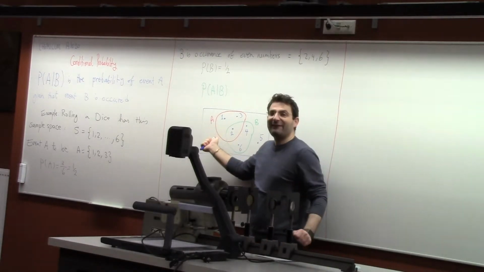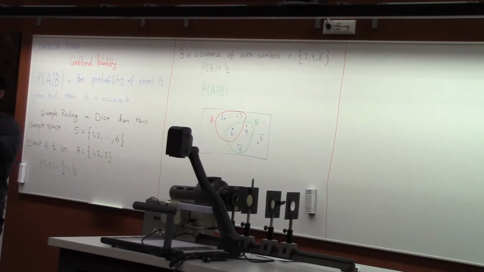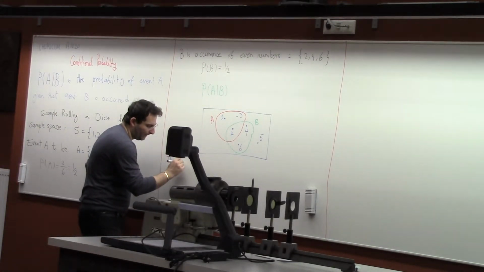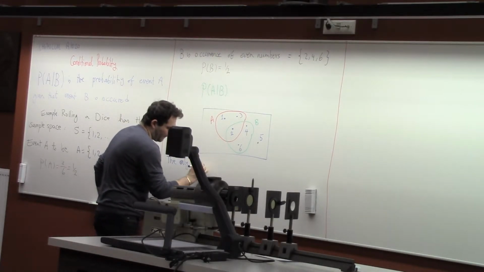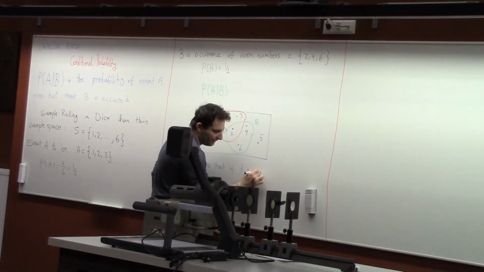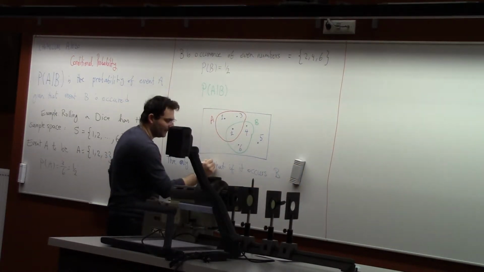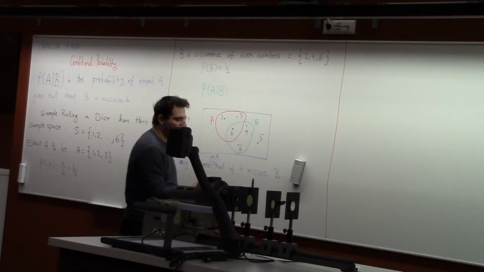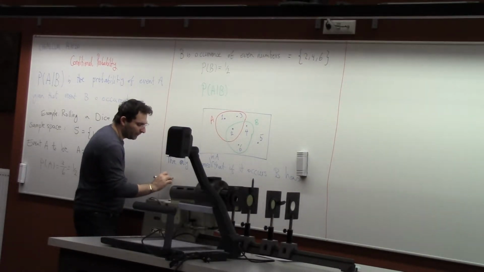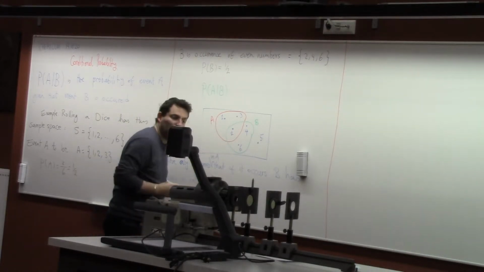So the only outcome in A that if it occurs, B has occurred as well, is 2, right?